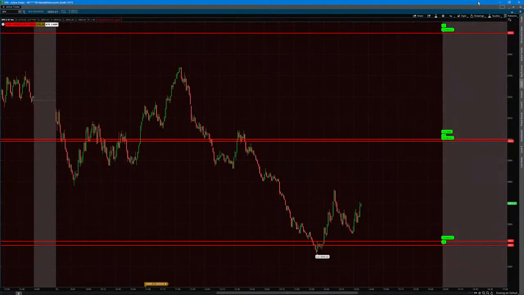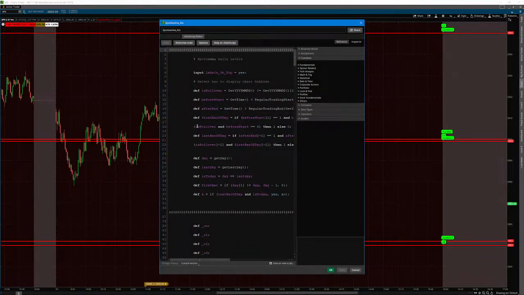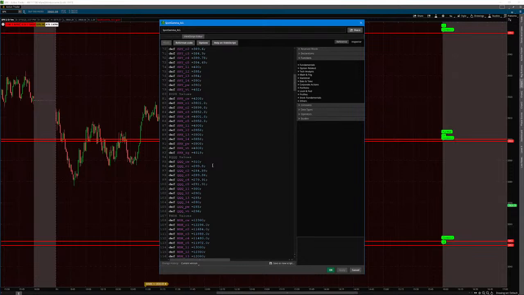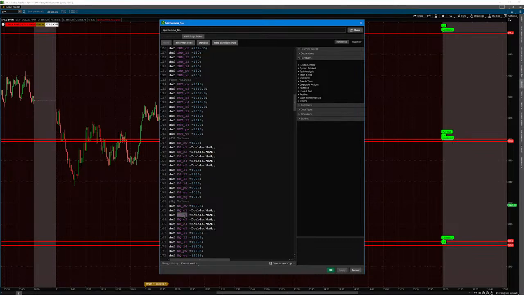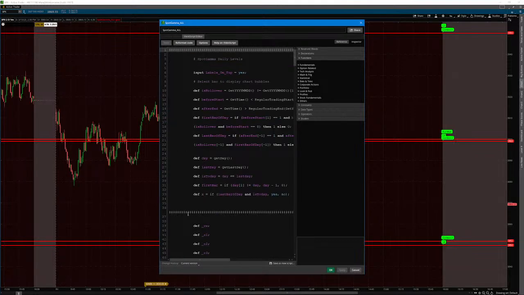Let's just take a look. So here's the script. There it is for SPY. I don't know if you can read that or not. That's light gray, but that's SPY, QQQ, NDX, NQ. So basically just the indices.